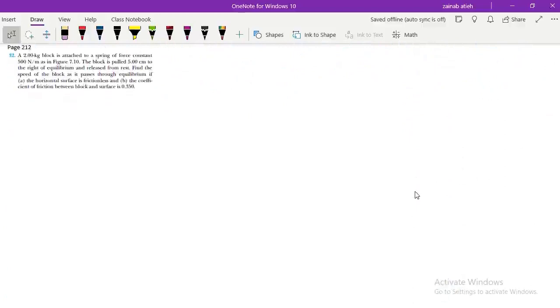This problem says a 2 kilogram block is attached to a spring of force constant 500 Newton per meter. So the force constant is the stiffness constant. It's K. I will write the given. We have M equals 2 kilogram. We have K, spring, equal to 500 Newton per meter.